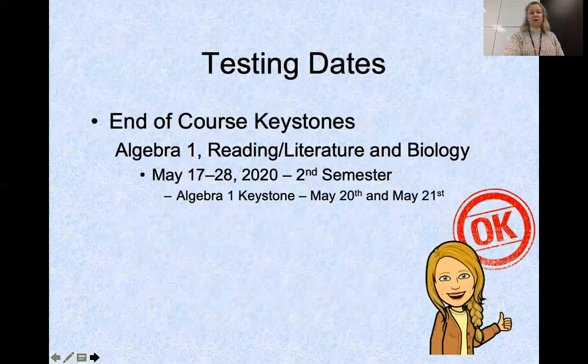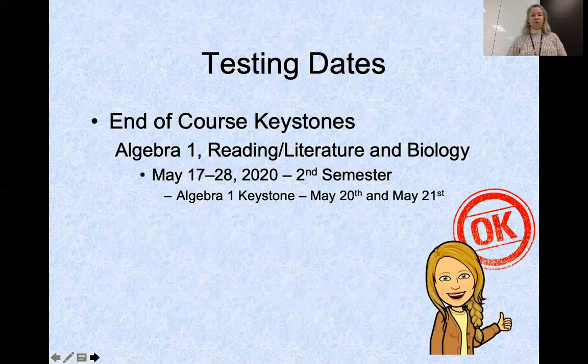Testing dates, just to kind of keep them on the schedule. For this semester, May 17th to 18th is when our reading, literature, and biology Keystone exams are currently scheduled. Algebra 1 Keystone is scheduled for May 20th and 21st. The students will take it during their block. There are some students that have me first block and some students that have me third block.